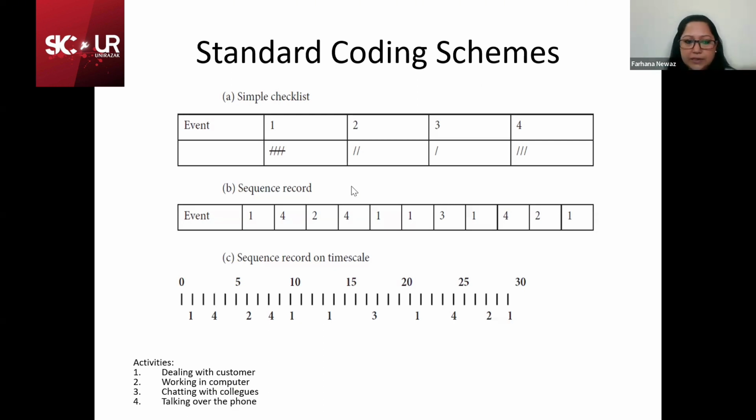Okay, I think that's all for how to collect the data through observation. Any questions so far? What is the optimal duration or number of days that you should do your observation? It totally depends on the nature of your study and your time duration for data collection.